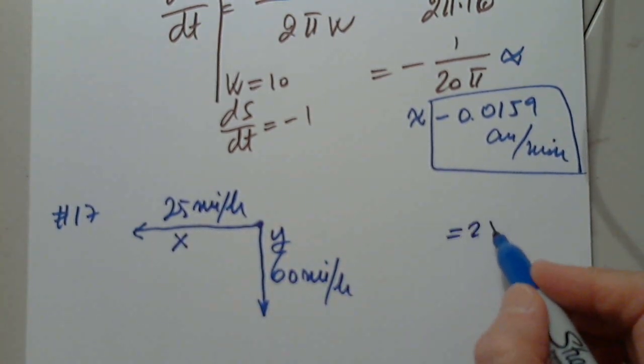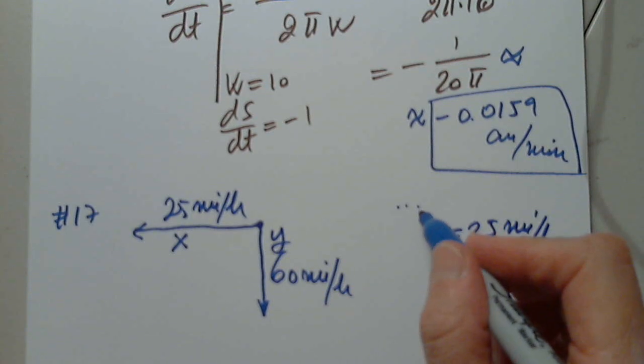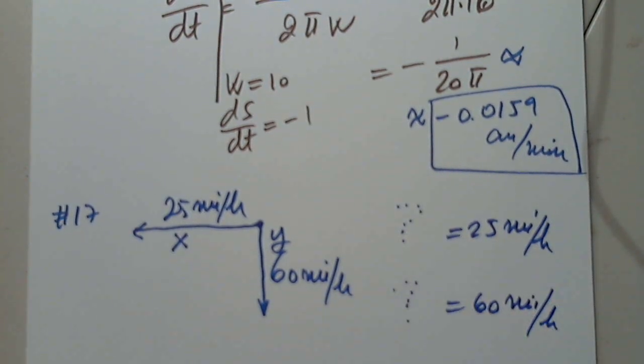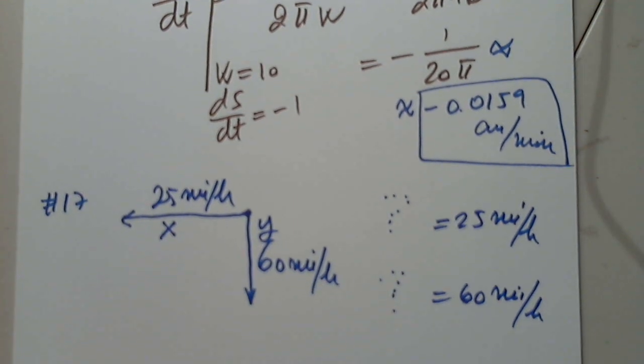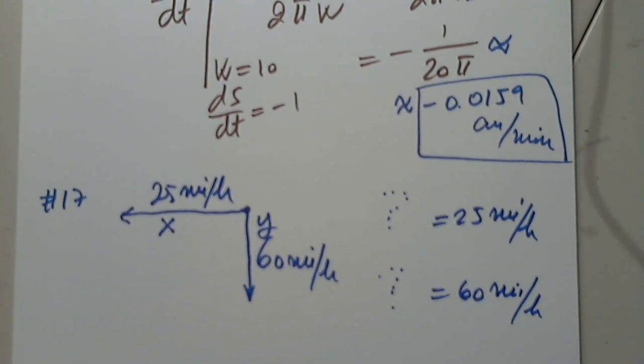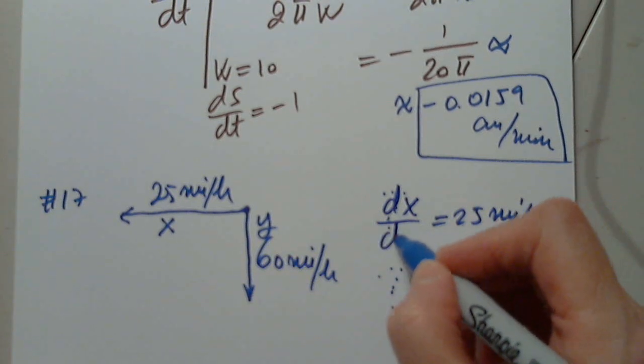Can anyone tell us what is 25 miles per hour and what is 60 miles per hour? I have to identify what I'm given so that I can proceed. Without identifying what I'm given, I don't know how to proceed. It's distance over time. Yes, but I have to write it as a derivative. Right, so we don't want to use D. I have to use d, dx over dt.